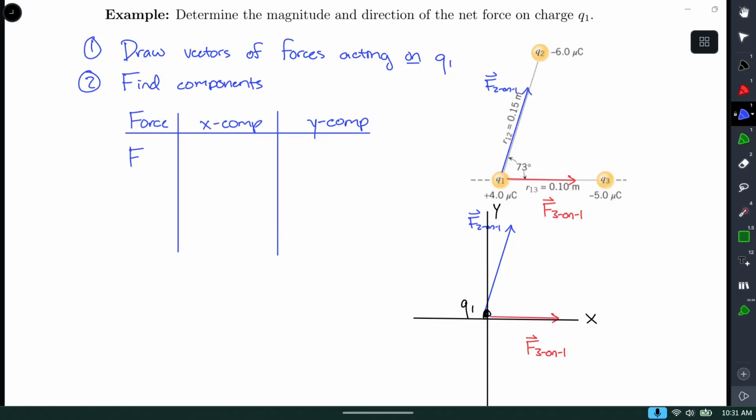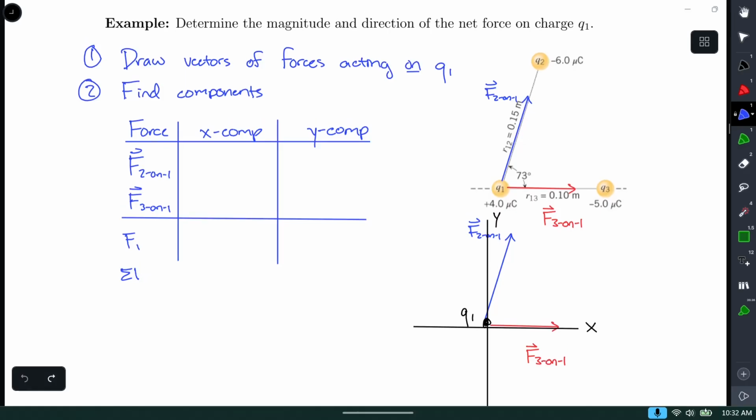So I've got 2 forces acting, and I want to figure out how to add them to get the net force on charge 1, which in physics 1 I used sigma F to say net force. I don't know why I've pivoted to saying F1 net, but it's the same thing. So finding the net force on charge 1 is our goal.